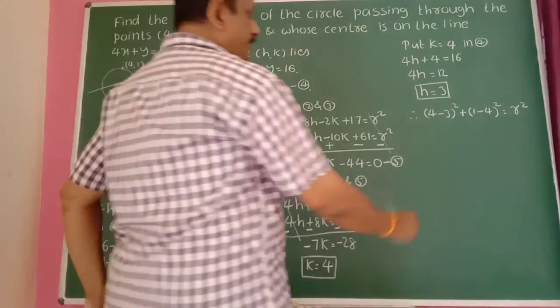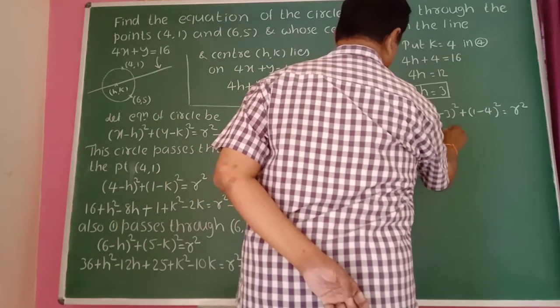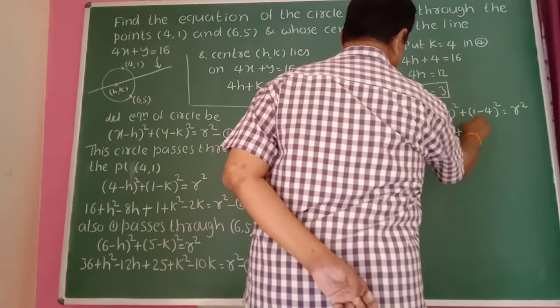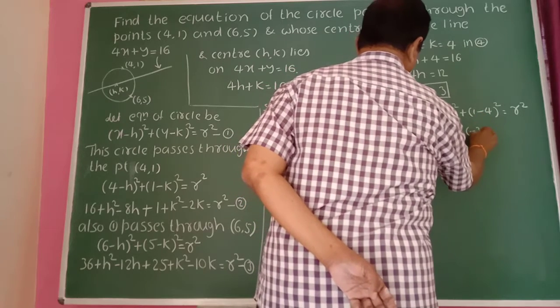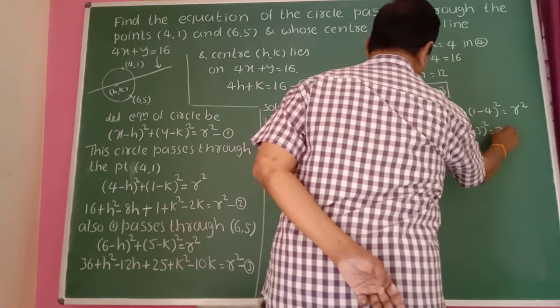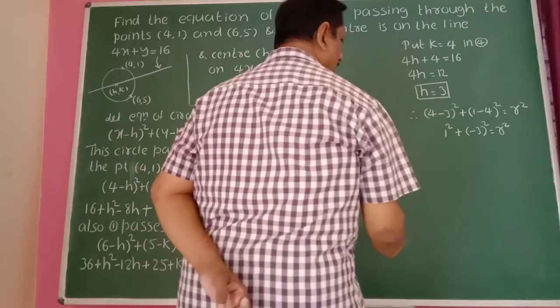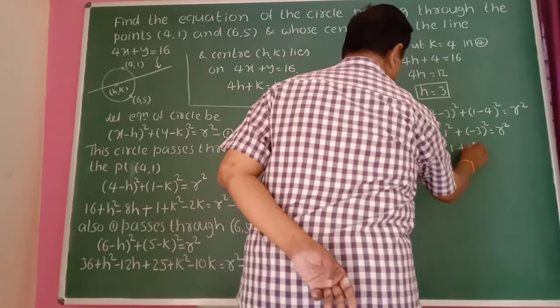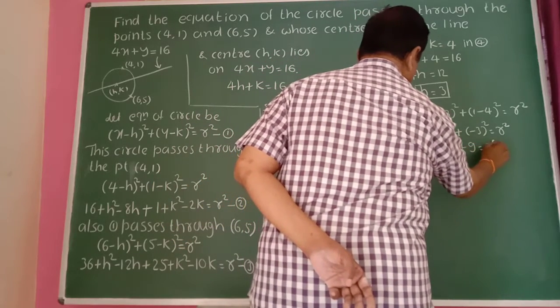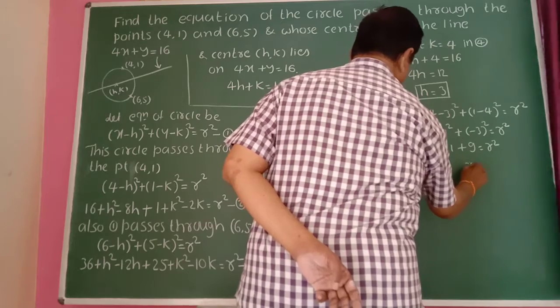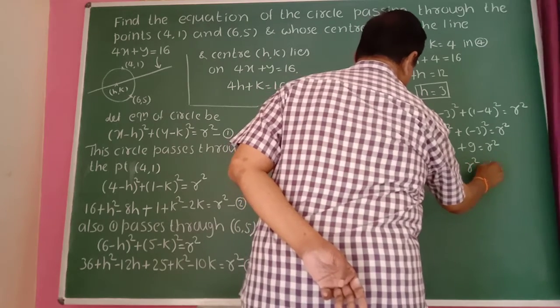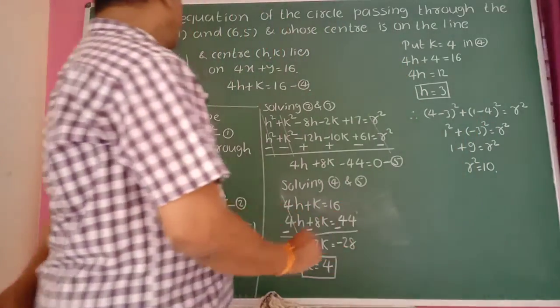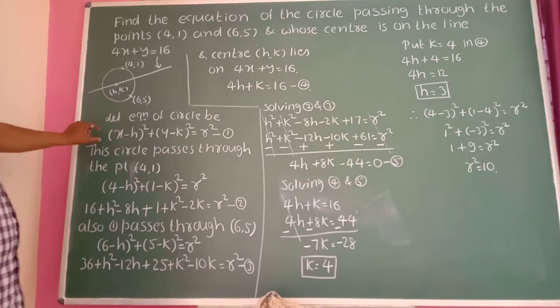Then 4 minus 3 gives 1, so 1 square plus 1 minus 4 square is equal to r square. Therefore 1 plus 9 is equal to r square, so the value of r square is equal to 10. Use this in equation 1.